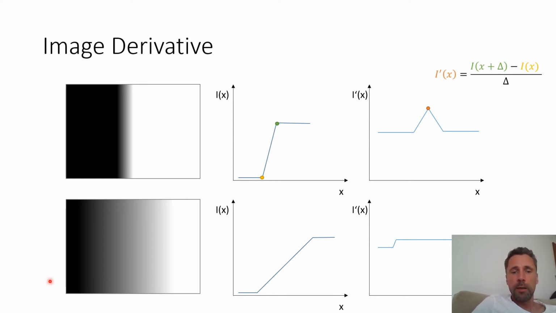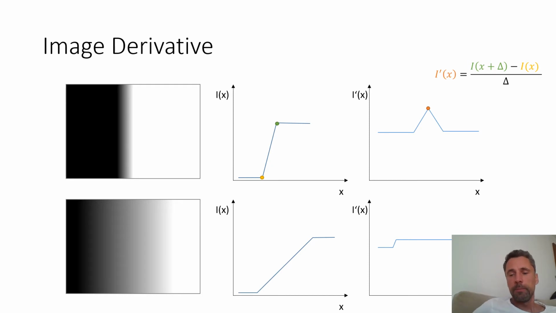Now, if we do that again for that gradual change here, this results in a much lower peak, but a much broader edge. Okay. So how would we then detect the edge?